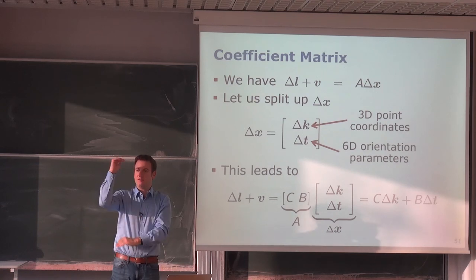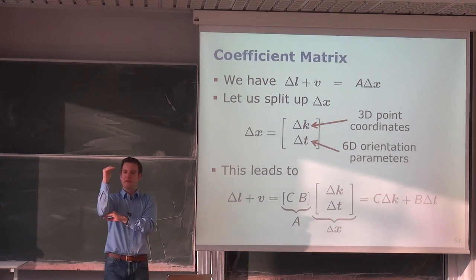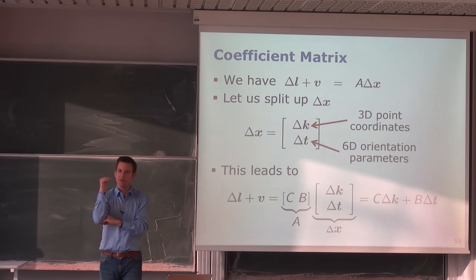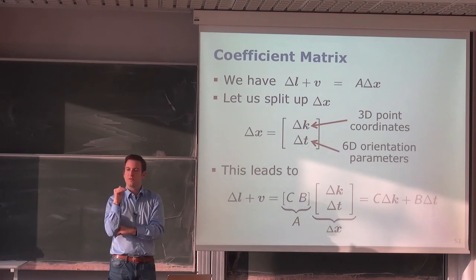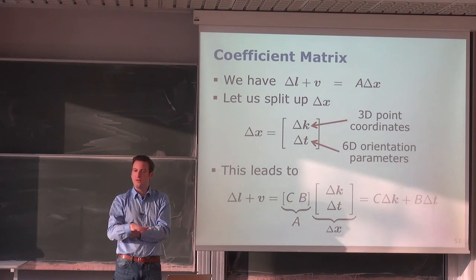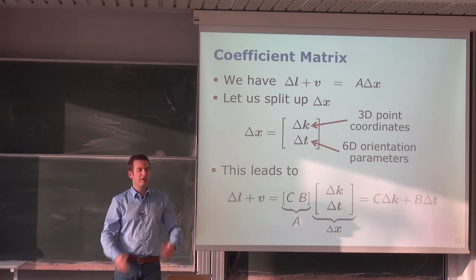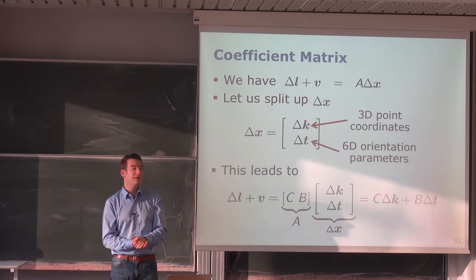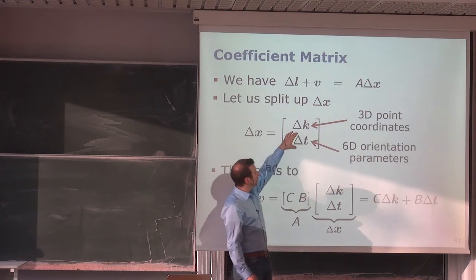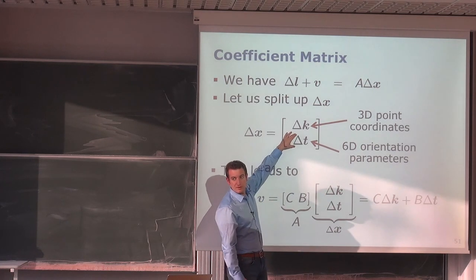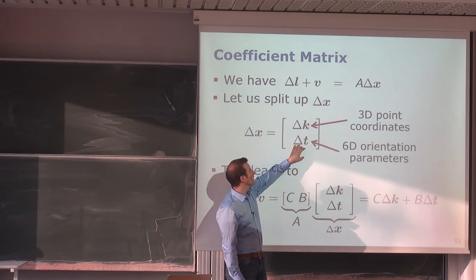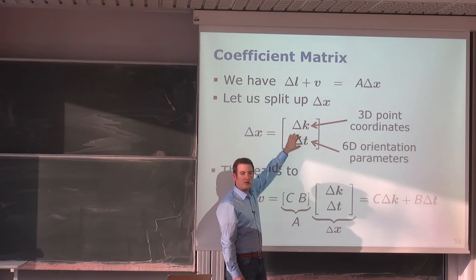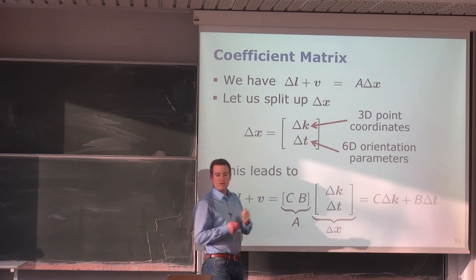So first I have a block which are just the x, y, z coordinates of point 1, x, y, z coordinates of point 2, x, y, z coordinates of point 3, and so on, until all points that I've seen up to now are stacked together. And then come 6 parameters for the orientation of the first camera, 6 parameters for the orientation of the second camera, and so on. So it's just a reordering.